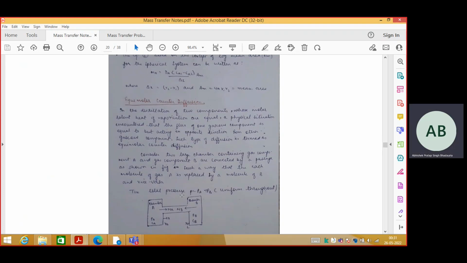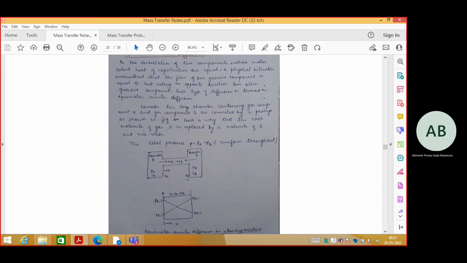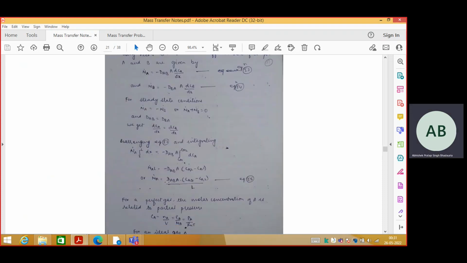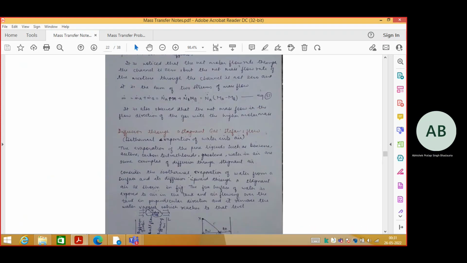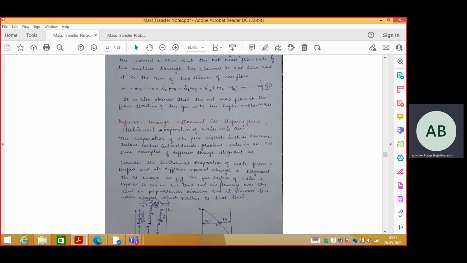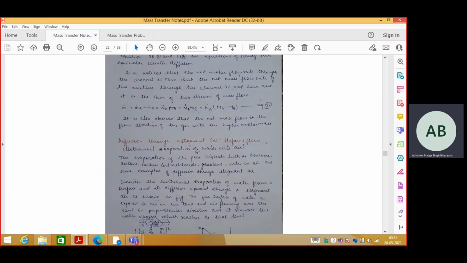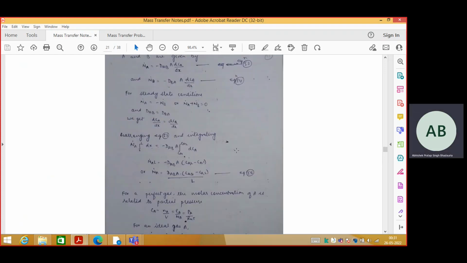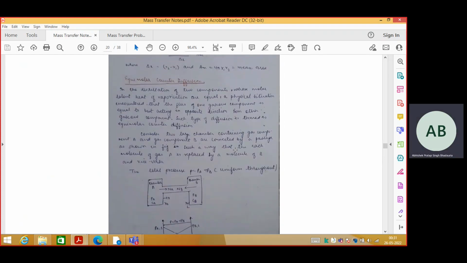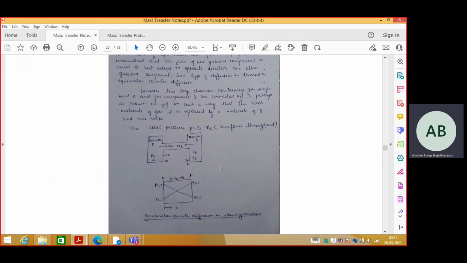Equimolar counter diffusion we have already discussed, and in today's discussion also, there is a derivation there. Now another associated factor: diffusion through the stagnant gas, Stefan's flow. This equimolar counter diffusion is very important.